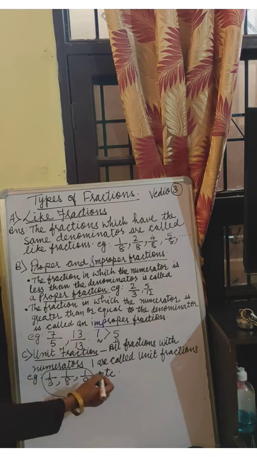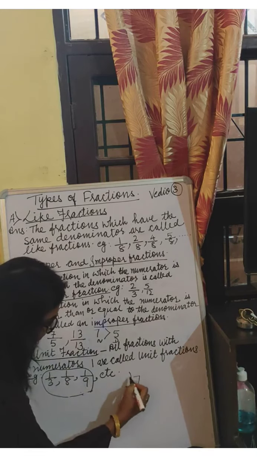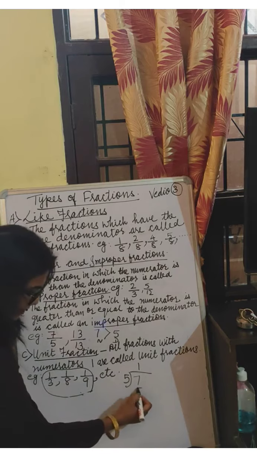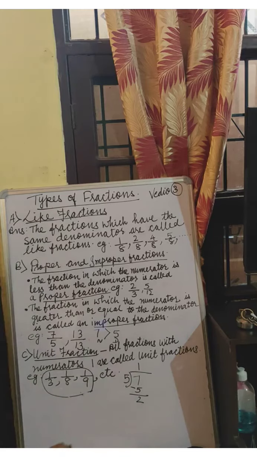For example, 7 upon 5, children. 7 divided by 5. How many times? 1 time, 5 in 7. 1 times 5 is 5. Remainder 2. So you can write this fraction as a mixed fraction.